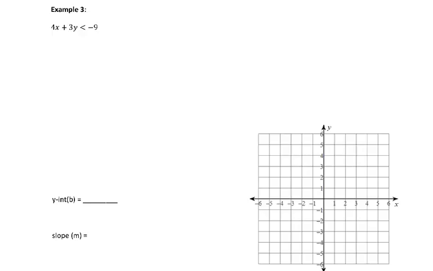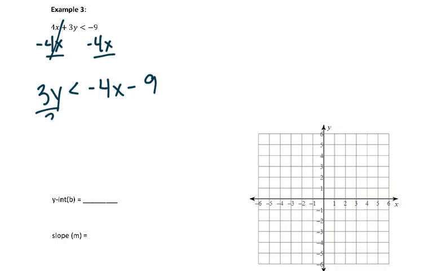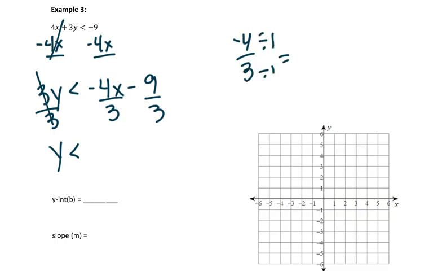Okay, last example. So the 4x is positive, so we're going to subtract 4x on both sides. We're going to get 3y is less than -4x minus 9. Divide by 3. And remember, if we can simplify -4/3, we will, but the only thing that goes into it is 1, which means it's still -4/3.